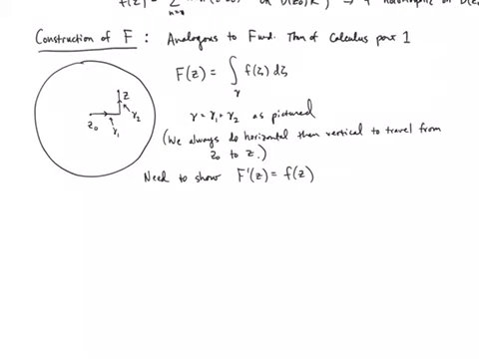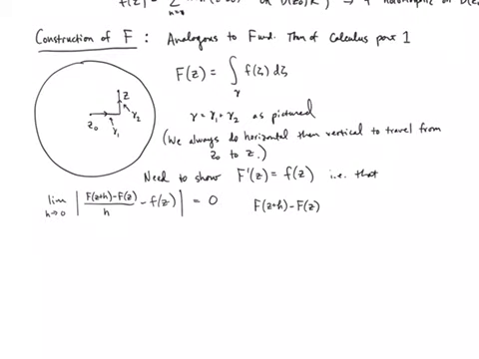In order to do this, we have to show that the limit as h goes to 0 of F of z plus h minus F of z over h, minus f of z, equals 0. So the first thing we're going to do is look at F of z plus h minus F of z.